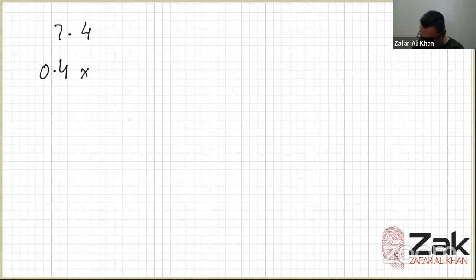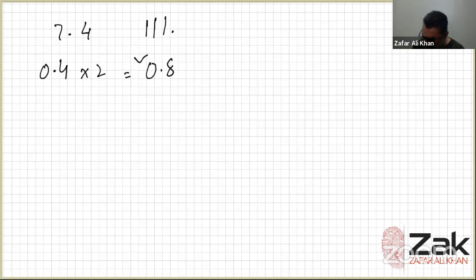This 0.4 into 2. So how do we do it? First thing is that we take 0.4 and multiply it by 2. This would become 0.8.